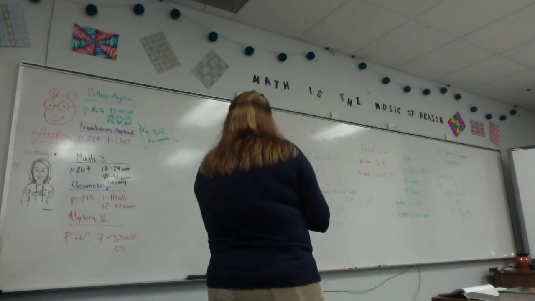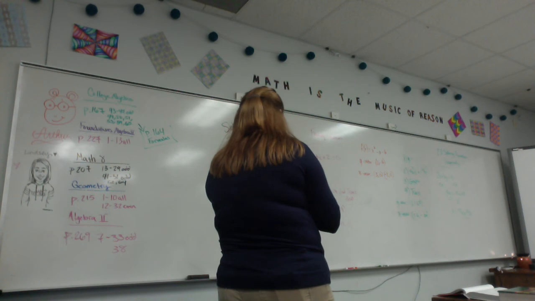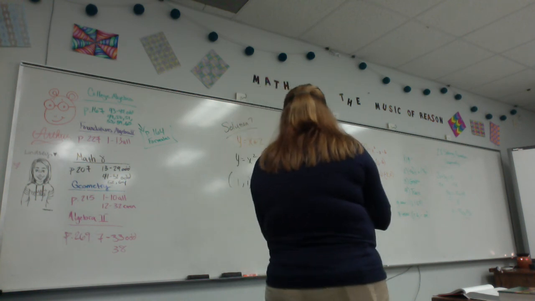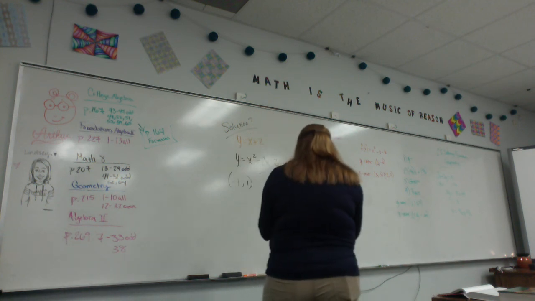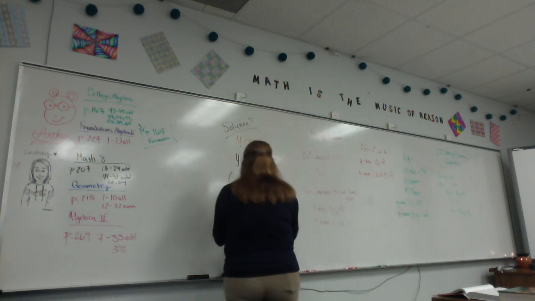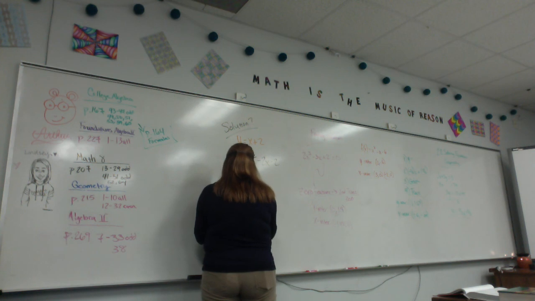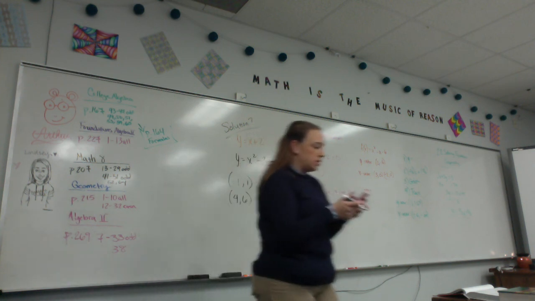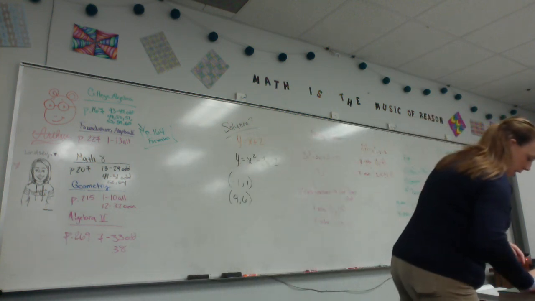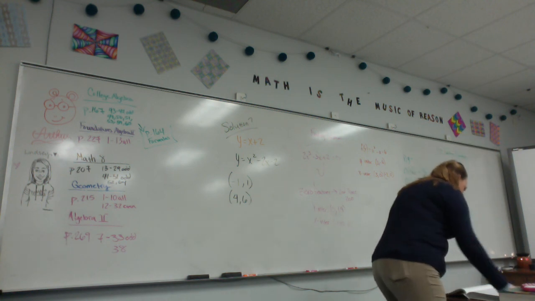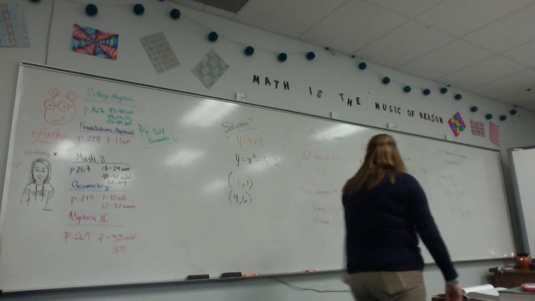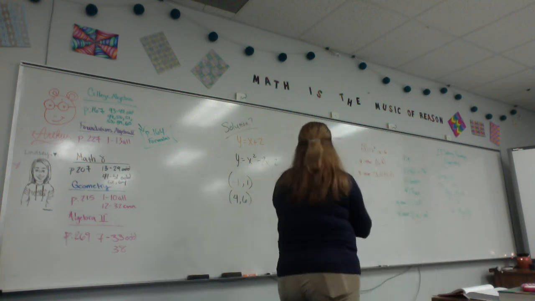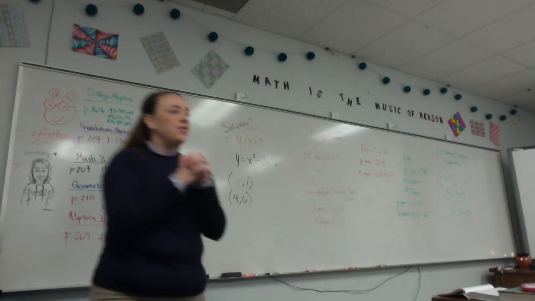And when I do that, I can see that that point of intersection is at (4, 6). So I have 2 points of intersection in that graph. And that's what you're going to do on your homework tonight. So you have (-1, 1) and (4, 6) as your points of intersection. It shouldn't be too bad if you have a graphing calculator.